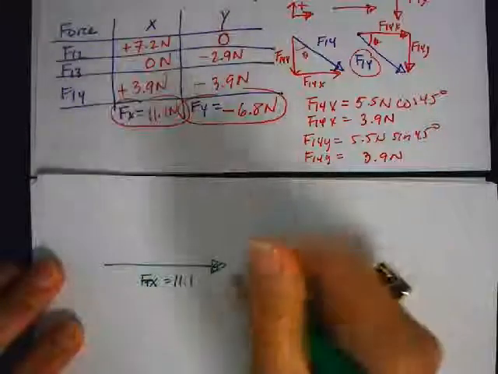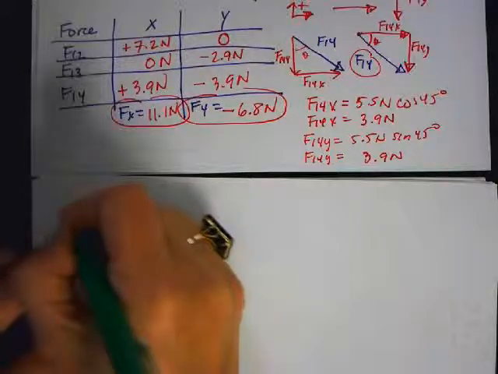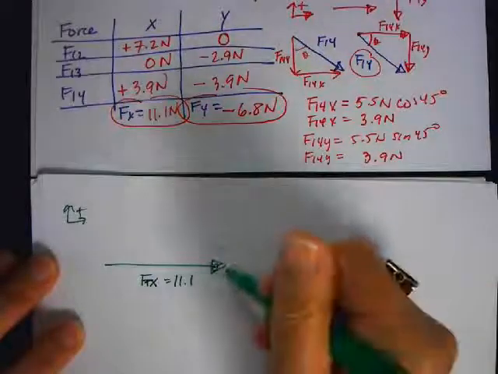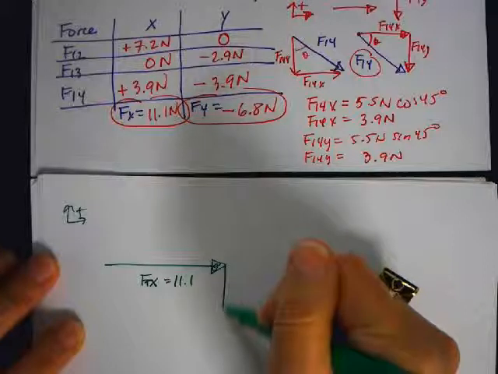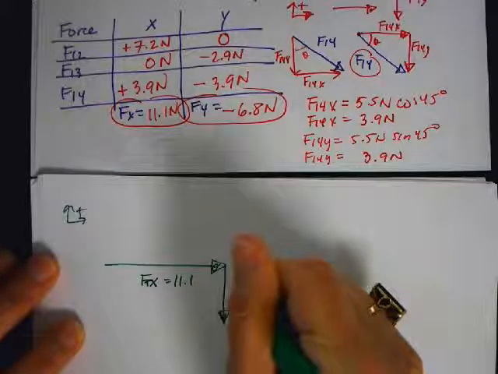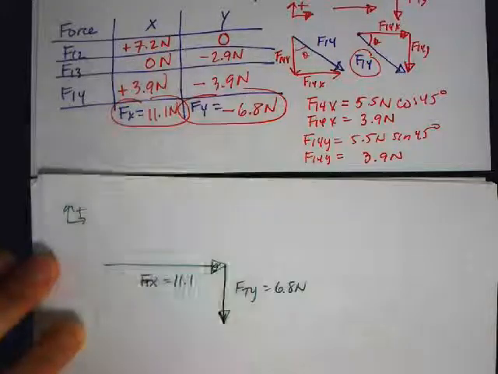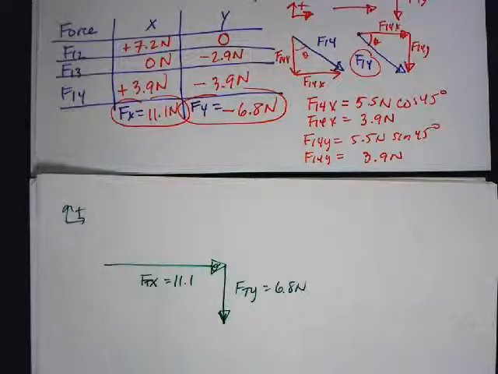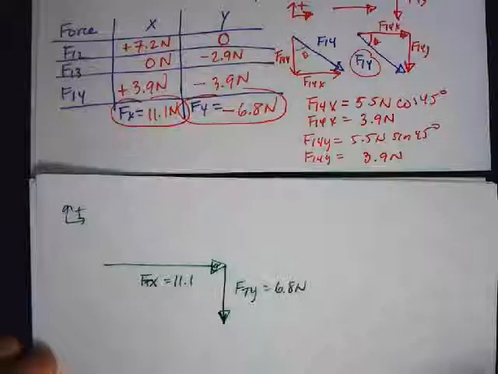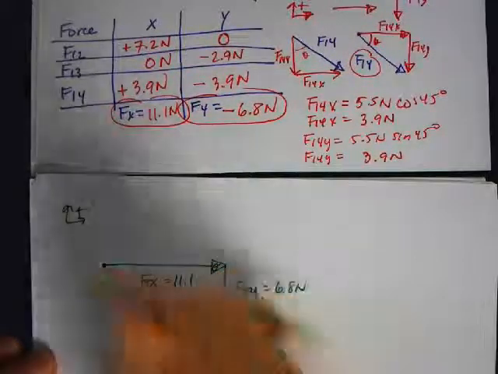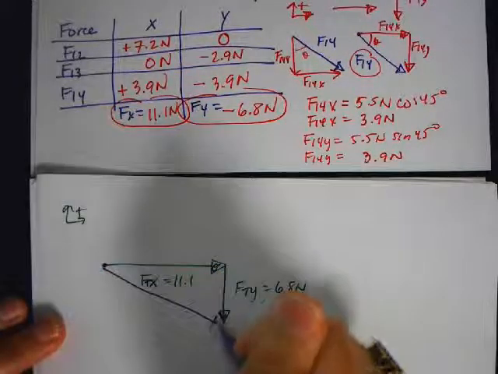So again, according to my sign convention, remember up and to the right is positive. From the head of this vector, I do the tail of the other, and this goes down. So this is the total Y, which is 6.8. And the negative sign, I drew it down. Now to get my resultant, from where I start to where I end up, I draw a line. And this is going to be my total.